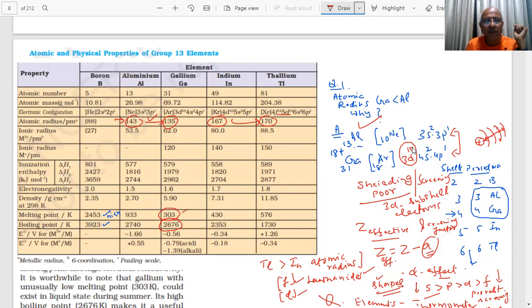That at room temperature. What is the room temperature? 303 minus 273. How much is this? 20 degrees Celsius.